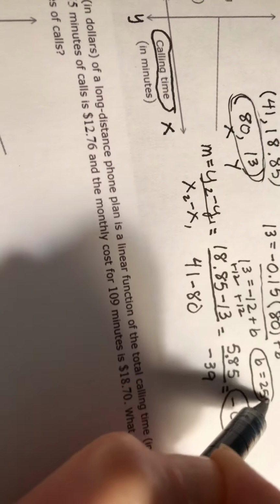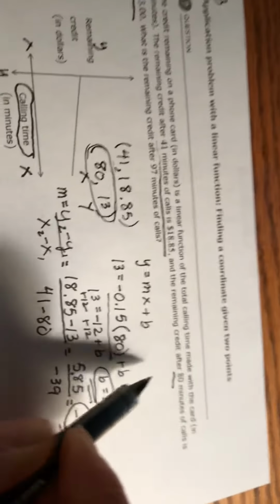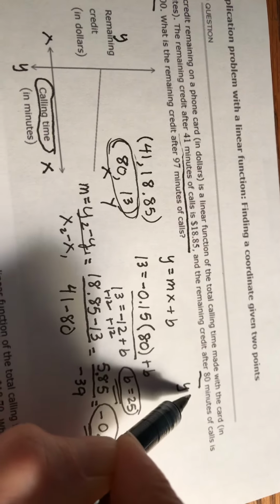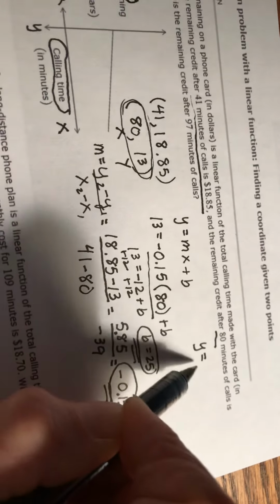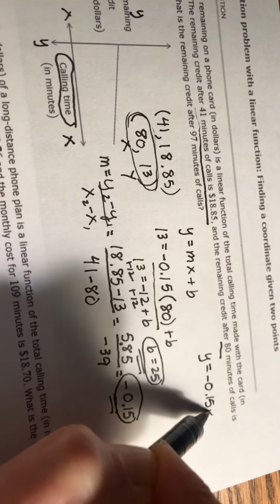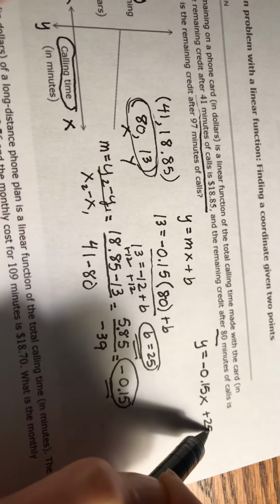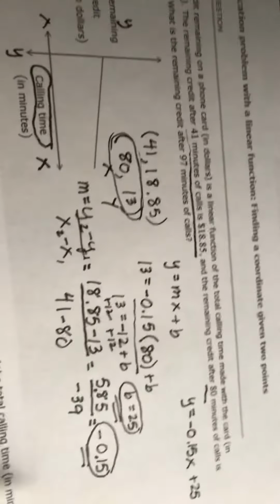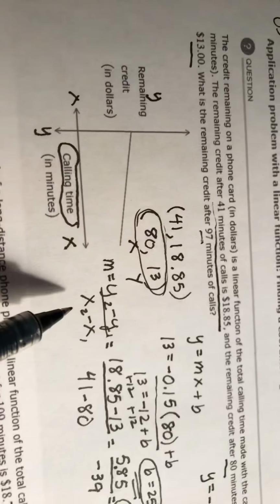All right, now I have my m, I have my b. Write my equation out. Y equals negative 0.15 x plus my b value, which is 25. All right, we're almost done. Now the question is, what's the remaining credit after 97 minutes?